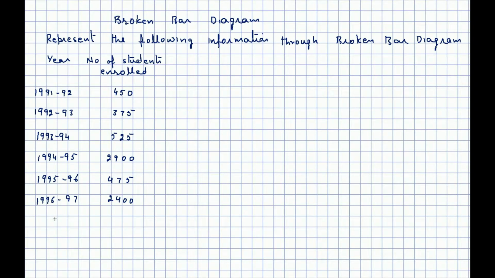Now what we have seen here is numbers fall in a particular range except a few that are very large, like 2900 and 2400. To represent these large numbers, we draw broken bar diagram. Now 2900 is the first highest number, 2400 is the second highest number, 525 is the third highest number.